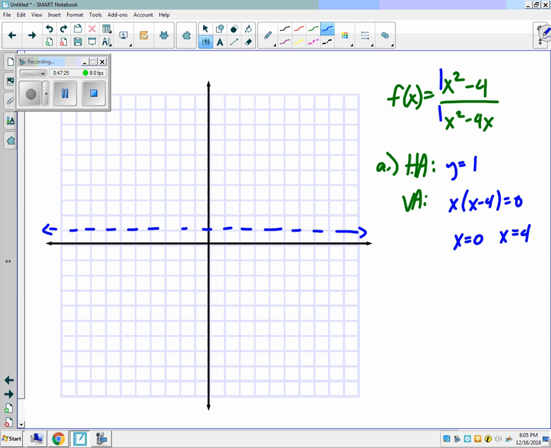So I'm going to have one right here on top, 1, 2, 3, 4. We had several that look like this. And I promise you tomorrow, this is Tuesday, you will not have more than 2 vertical asymptotes. I'm pretty sure.